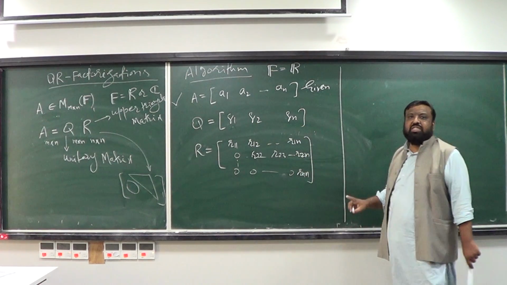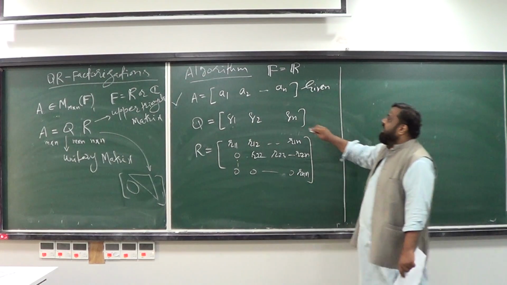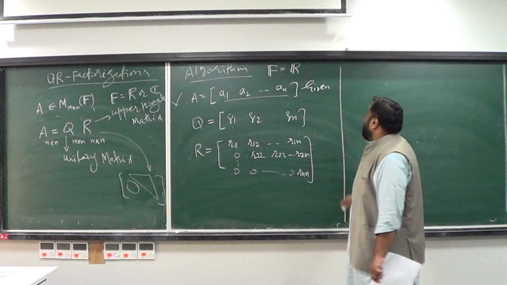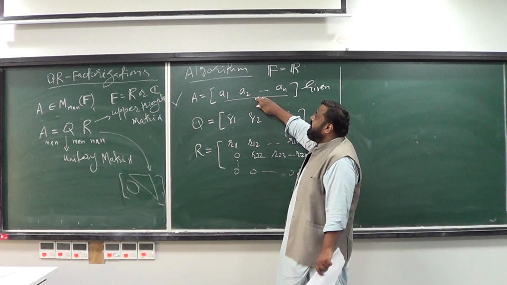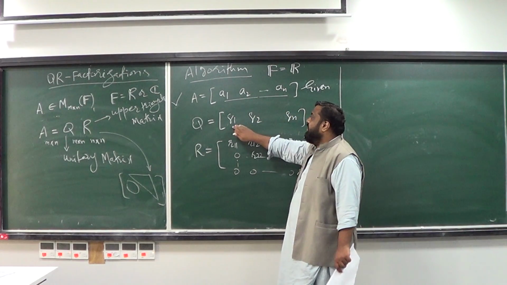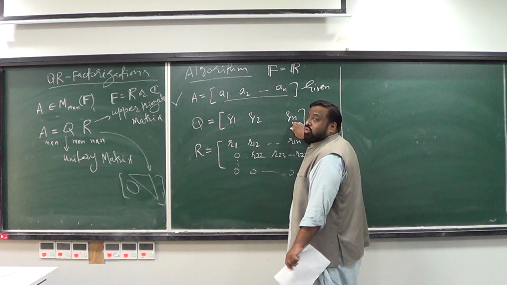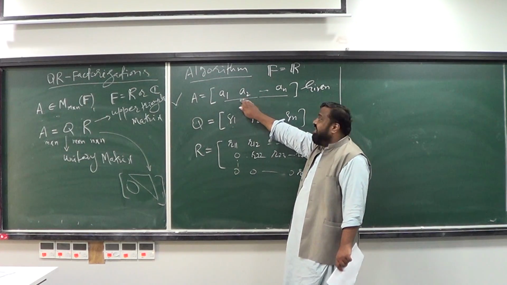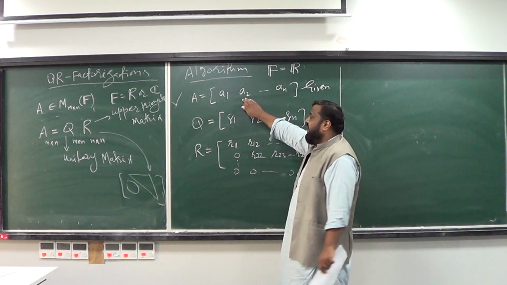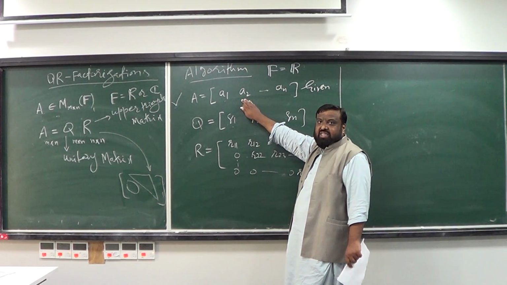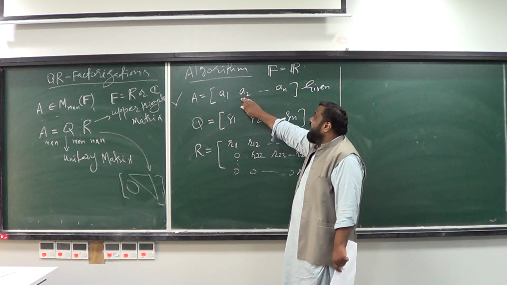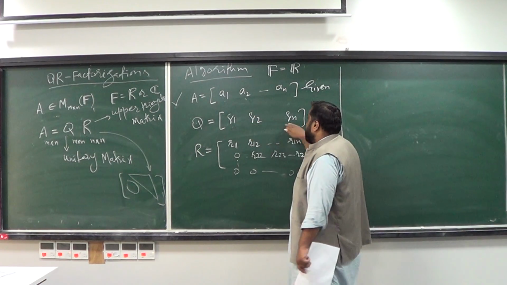Okay, so what is the recipe for constructing these Qs? The recipe is very simple actually. Take these n column vectors, okay, and apply the Gram-Schmidt process to construct n orthonormal vectors actually. Using the Gram-Schmidt process, turn them into an orthonormal set of vectors.